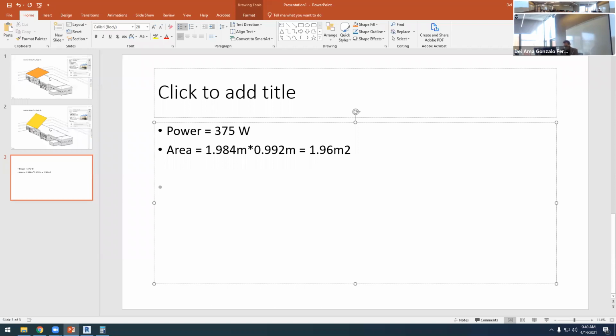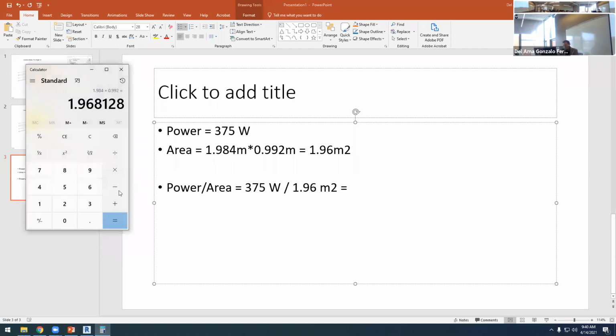So now we have to divide power divided by area. And this is 375 watts divided by 1.96 square meters.